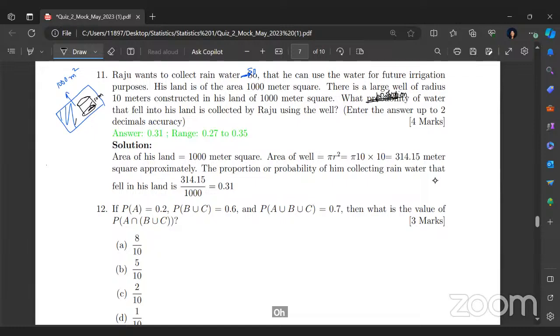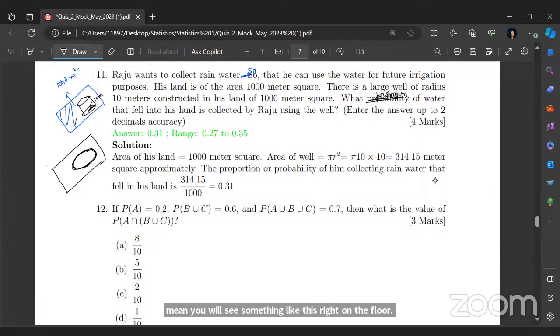Okay, so the well is 10 meter radius, right? If you have to find the area that this well covers, what will it be? You will see something like this on the floor, the well on this land.